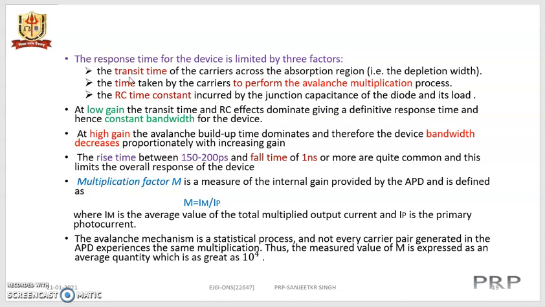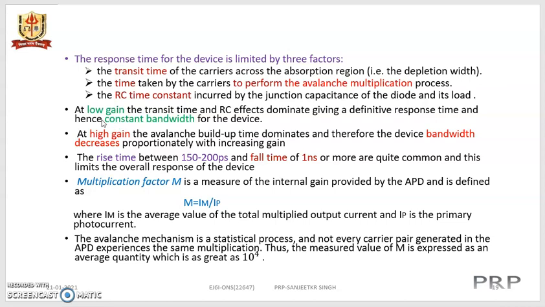What are those? First one is the transit time of the carrier across the absorption region, that is the depletion width we saw in the diagram. Second, the time taken by the carrier to perform the avalanche multiplication, and thirdly, the RC time constant incurred by the junction capacitance of the diode and its load.